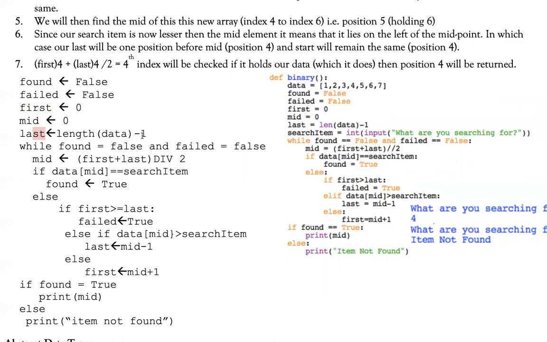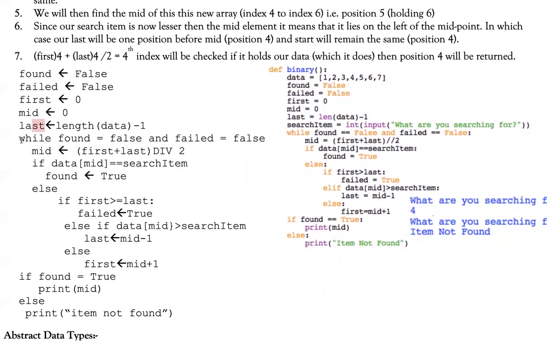So basically we're considering index position 0. That's why if I have 7 elements, my last place will be length of data, 7, minus 1, which is 6. My last element will be 6. Okay, now check this condition out. As long as I have not found it and I have not yet failed, and there's hope that it's probably there, my loop will keep on going.